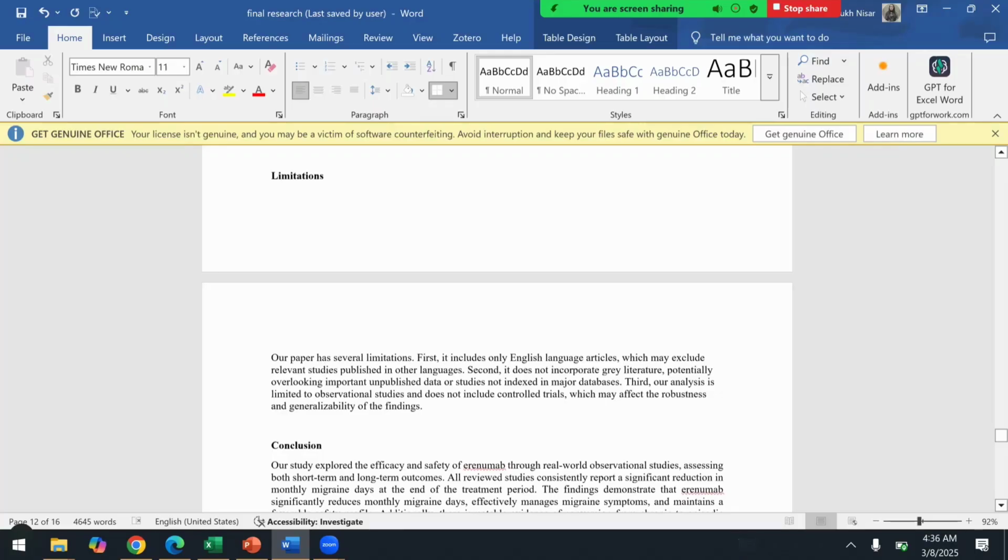So whatever is your exclusion criteria, you would make it a limitation and write it here that I have only English language articles, so we missed the data in other languages. I only included randomized controlled trials, so missed the articles in other designs. So whatever is your exclusion criteria, you would write it as a limitation.